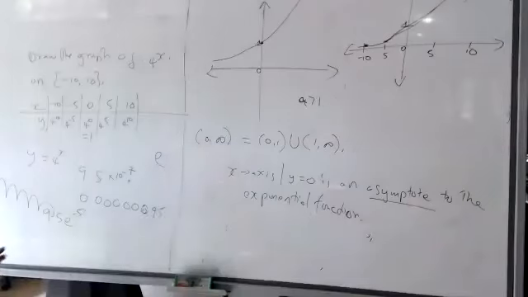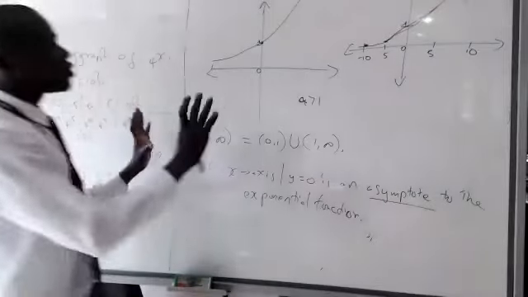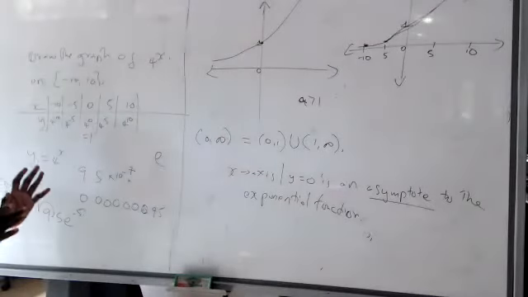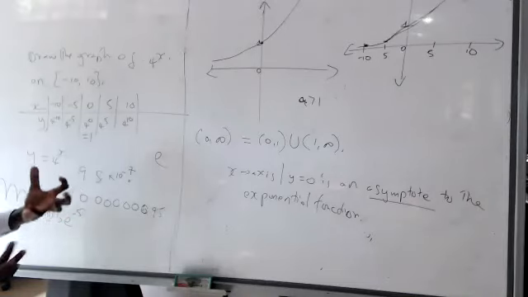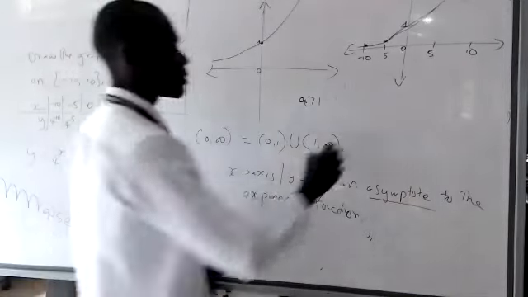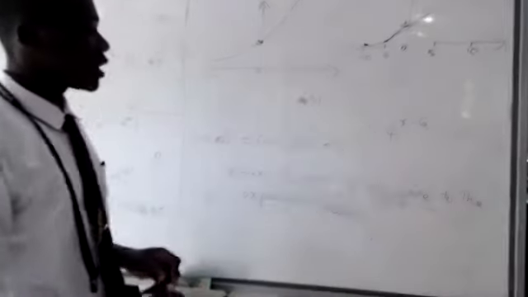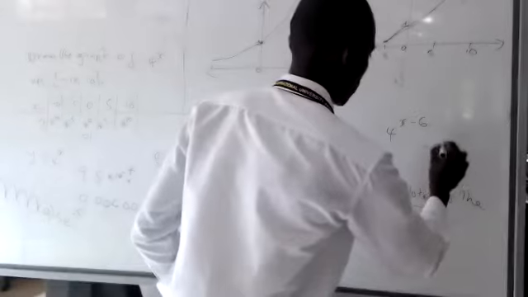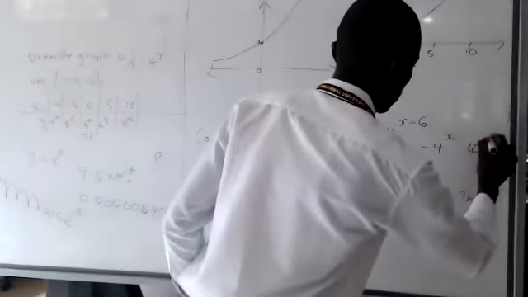Any questions on graphs of exponential functions? By the way, once you know how to graph such simple exponential functions, you can use a few algebraic tricks to graph things like 4 raised to x minus 6 by just shifting, or negative 4 raised to x, or 4 raised to negative x.